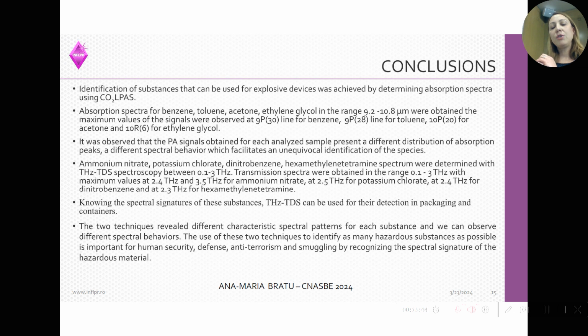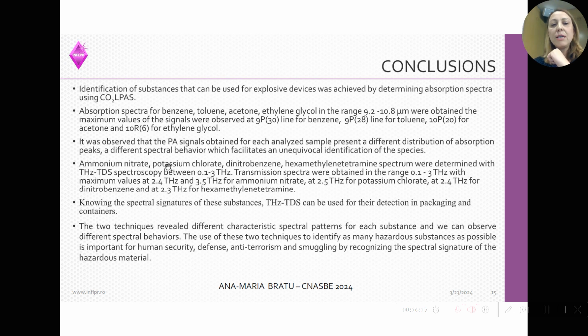A further application for these compounds is to calculate the detection limit that these substances have in CO2 laser photoacoustic spectroscopy.